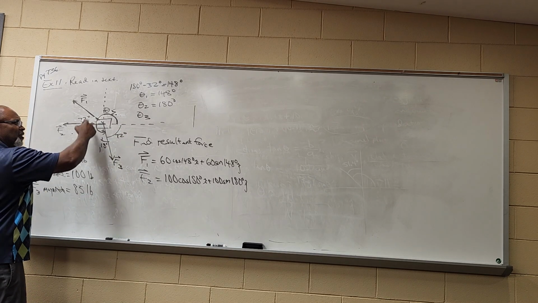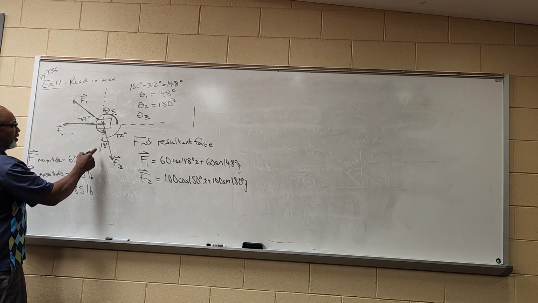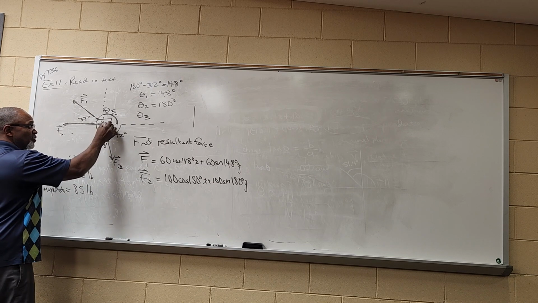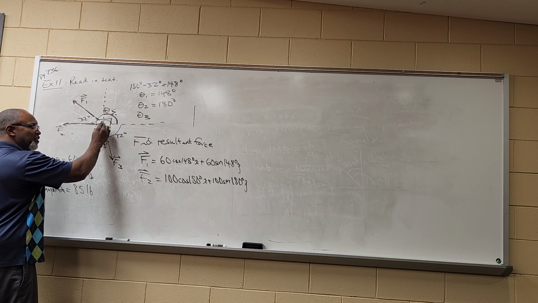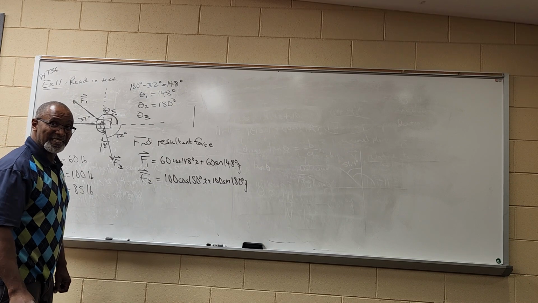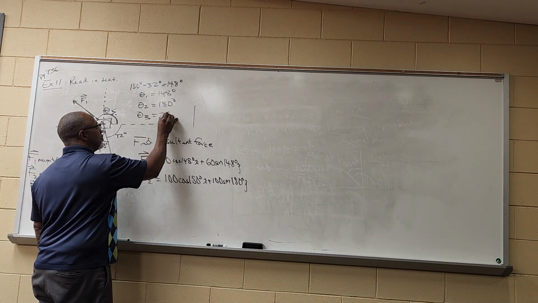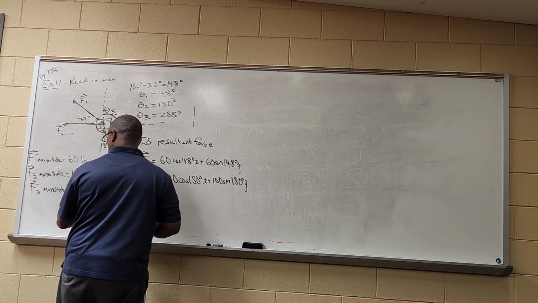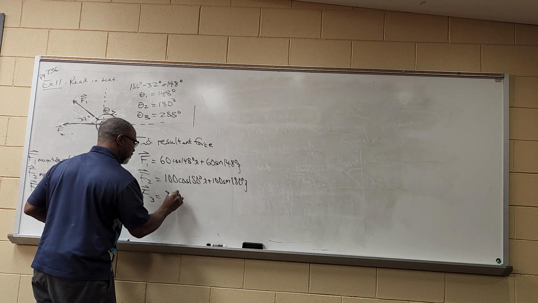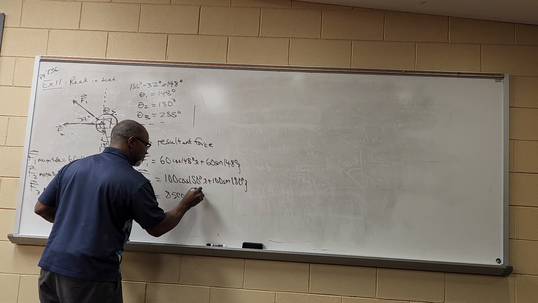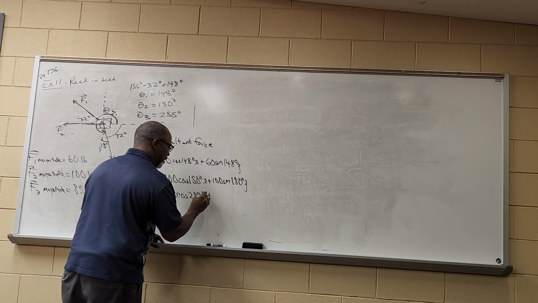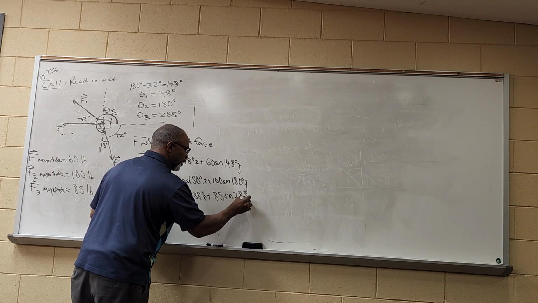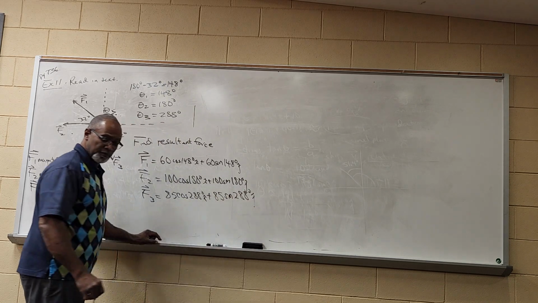So 360 minus 72, or you can think about this as 270 plus 18, because from here to here is 270 plus the other 18. 270 plus 18 is 288. So for F3, the magnitude was 85, so 85 cosine 288 I plus 85 sine 288 J.